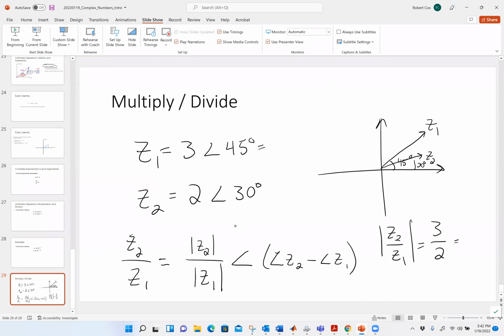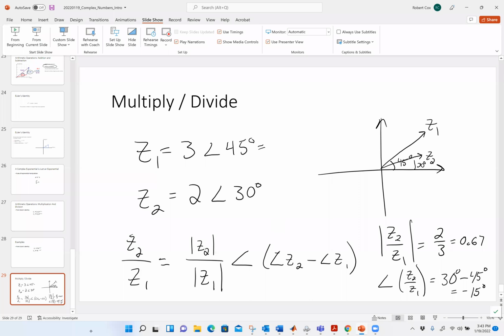Or 1.5. Oh, sorry, Z2 over Z1, the wrong way. It would be 2/3, right? Or 0.67. What would the angle of this Z2 over Z1 be? -15. Yeah, it'd be 30 minus 45 degrees. So it would be -15 degrees, like that.